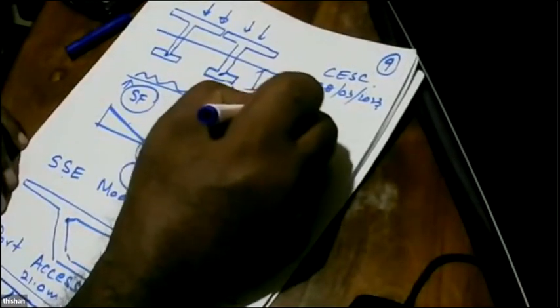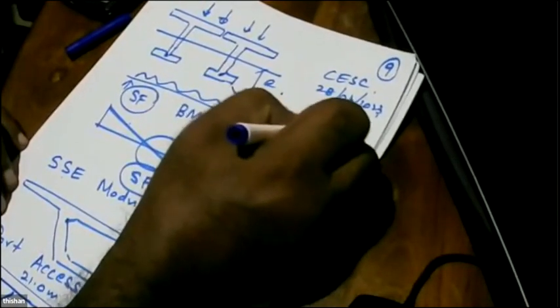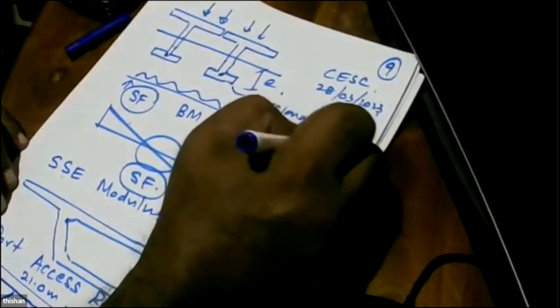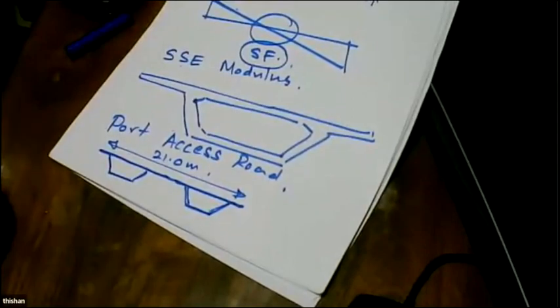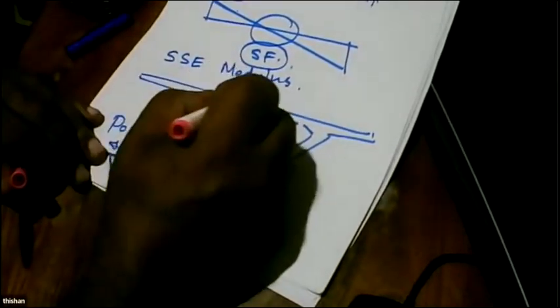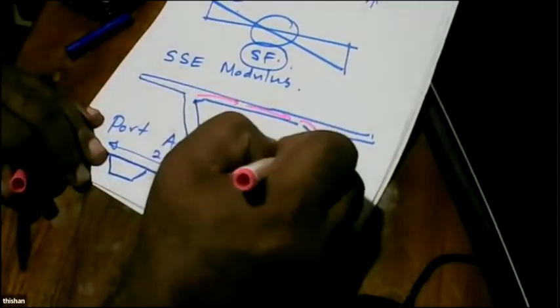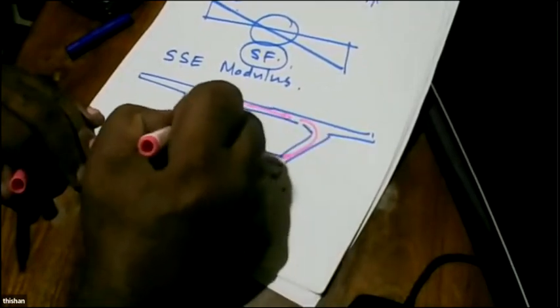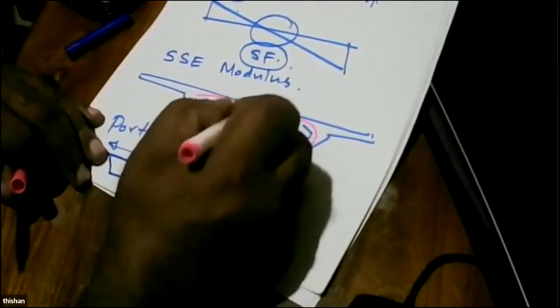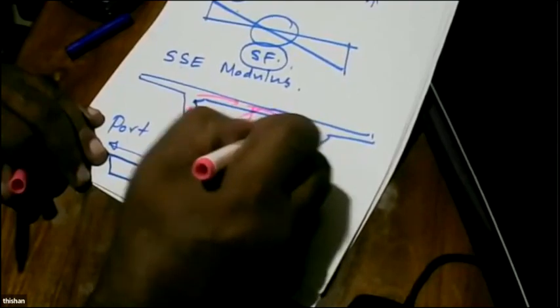The advantage of this type of section versus this one is that these are not torsionally strong. Torsionally, they are not good. But these ones are torsionally super, because the torsional stresses will flow on a closed path like this, and there's a significant lever arm.